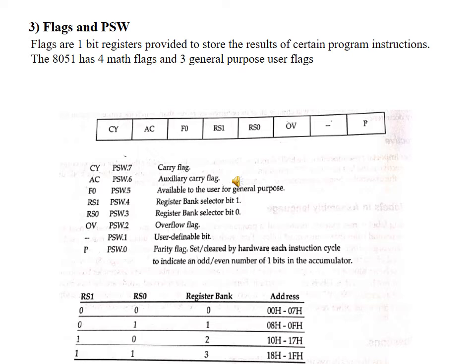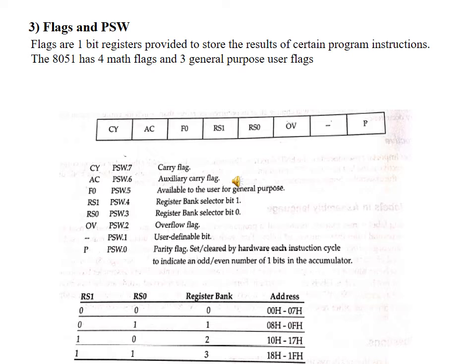So the math flags include the carry flag, auxiliary carry flag, overflow flag and parity flag. And the user flags include F0, GF0 and GF1. And you have the register select bits, RS1 and RS0.